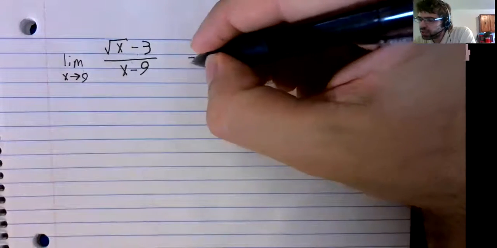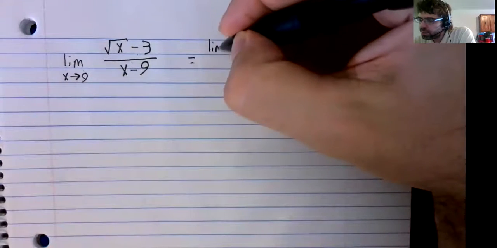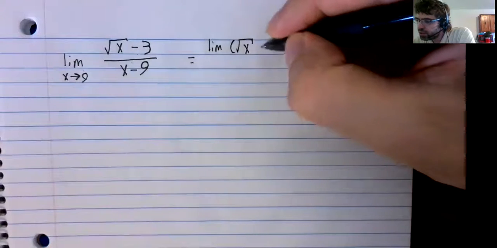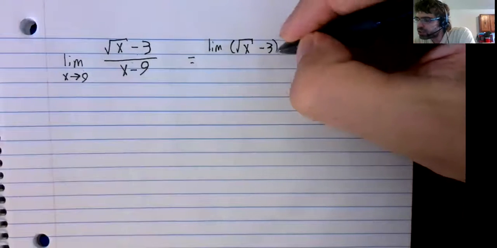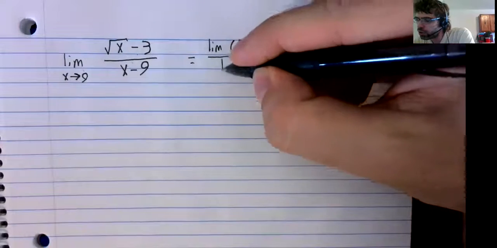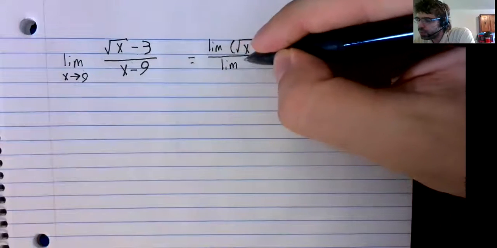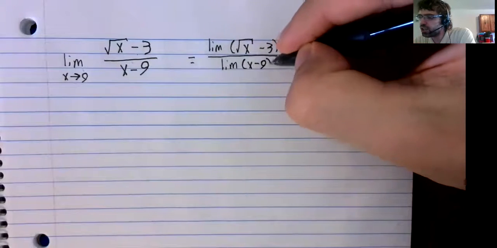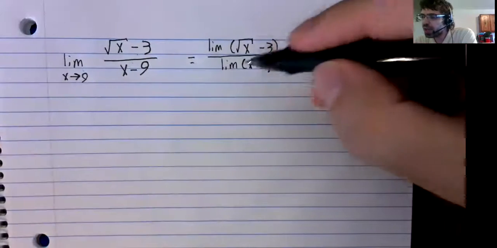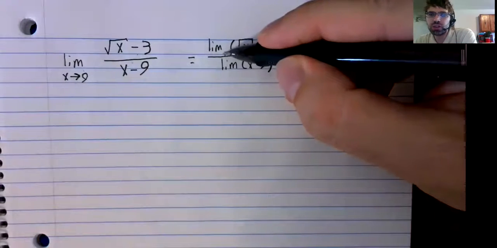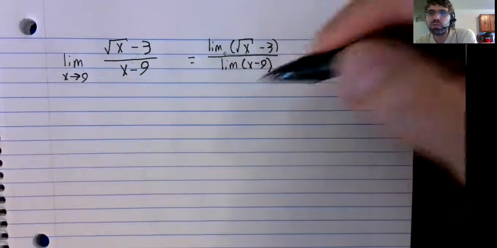So if we don't get a division by 0 error, we could take the limit of the quotients. I'm being fuzzy with my notation here just to write it quicker.